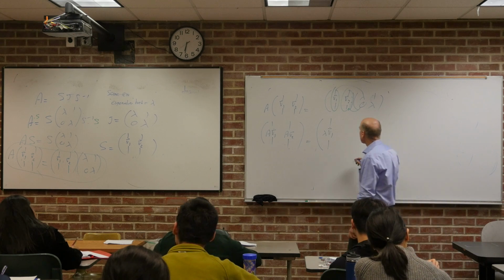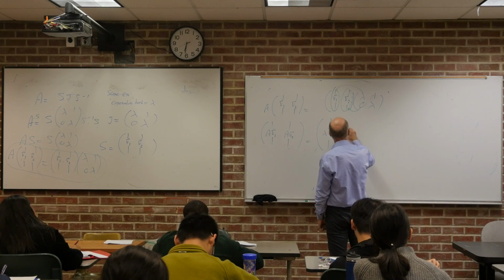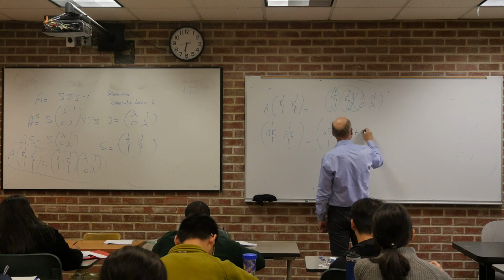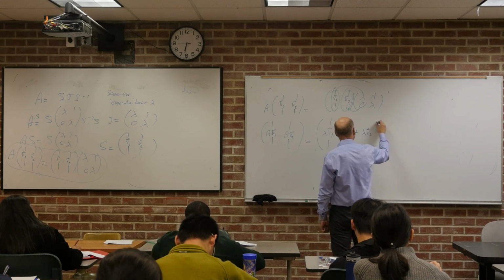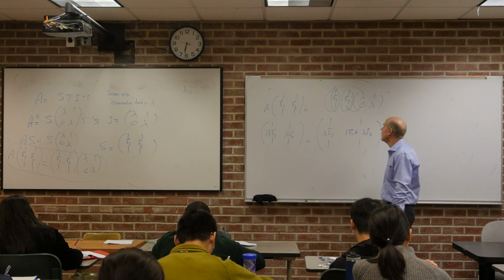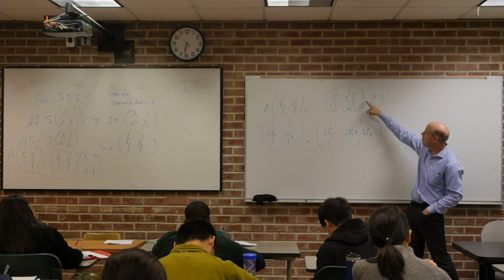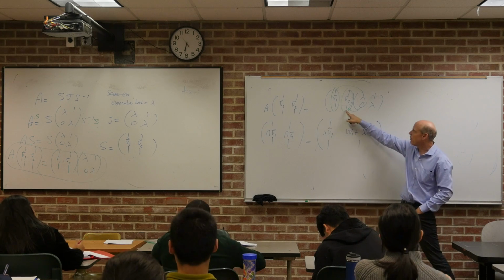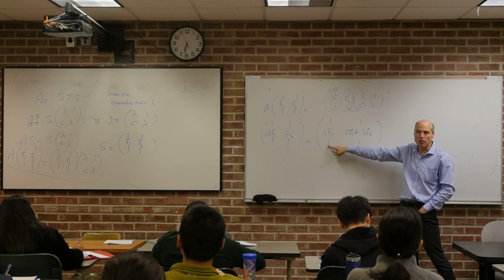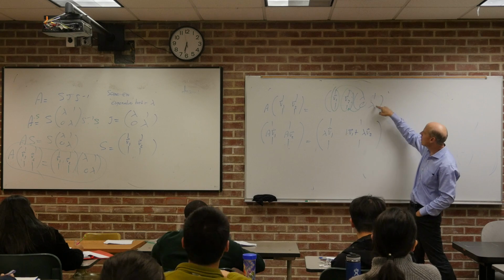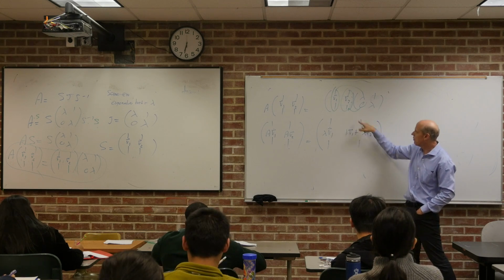And the second one is going to be 1 times v1 plus lambda times v2. Again, I'm using lambda and 0 as the scalars for the first column, and I'm using 1 and lambda as the scalars for the second column.